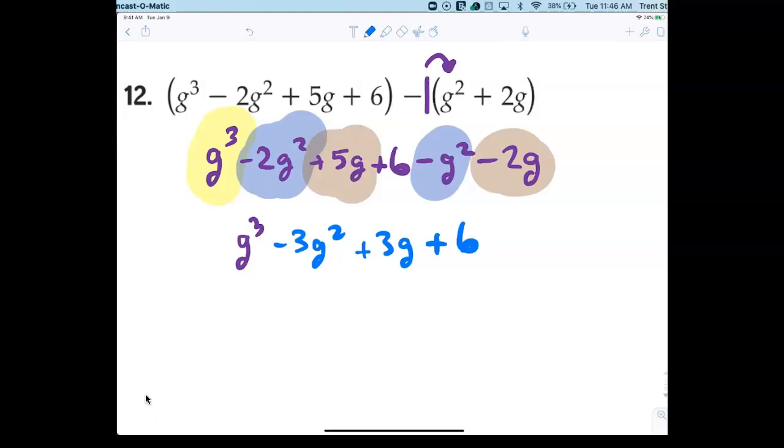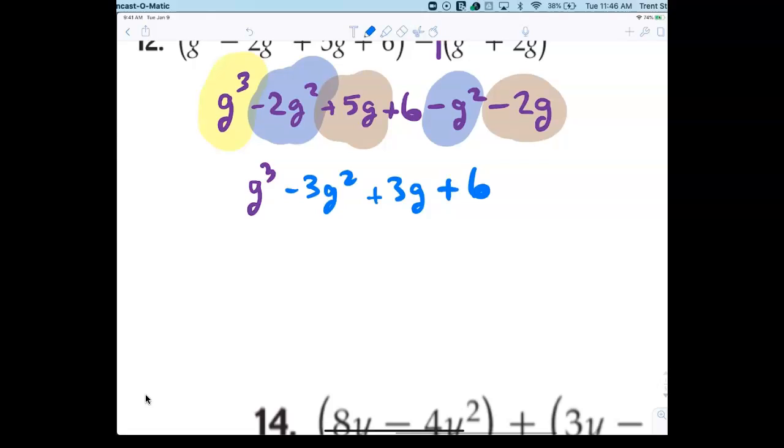When you're combining negative 2g squared and negative g squared, why wouldn't it be negative 3g? If I had 2 iPads plus 3 iPads, I would have altogether how many? 5 iPads. I wouldn't have 5 iPads squared. Those are squared. You cannot combine these.